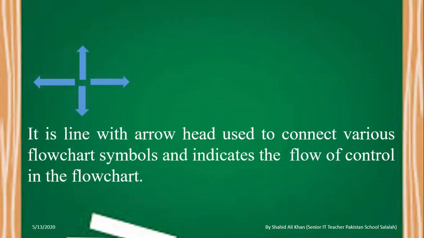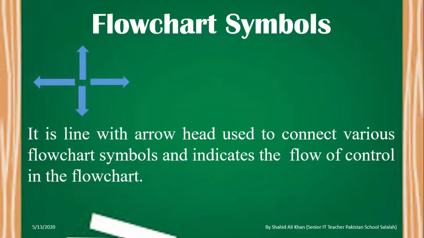I hope that all of you are familiar with these arrows. They are very common all around the world, in different streets, different routes, different pathways. So these are called flow lines. Flow lines means different arrows showing different directions, the flow of lines. For example, you want to connect all those symbols which I have discussed earlier in this lecture.